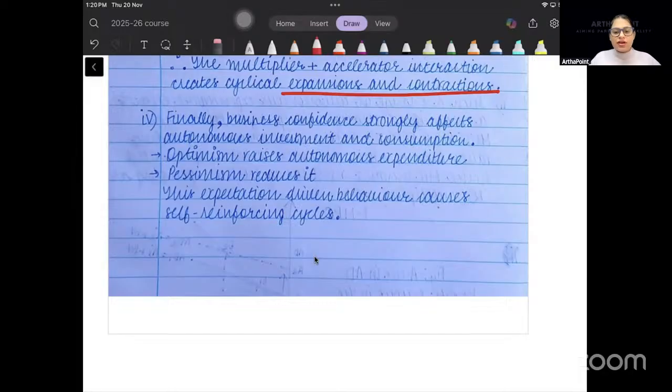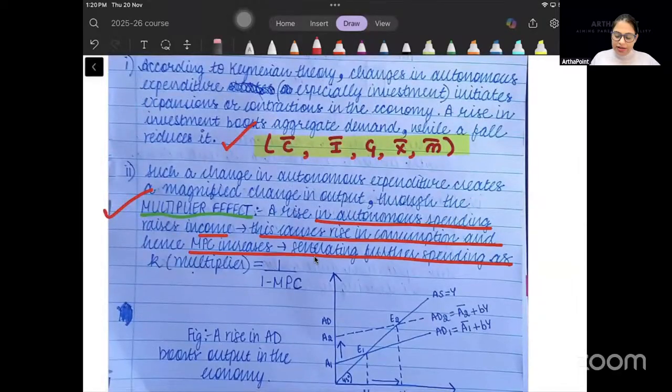So when we say there is a rise in spending, increasing income, and this causes a rise in consumption, here you must differentiate between temporary versus permanent shock. Because if the change is temporary, it's a one-time change, so it will not feed through to the next level of consumption and investment.